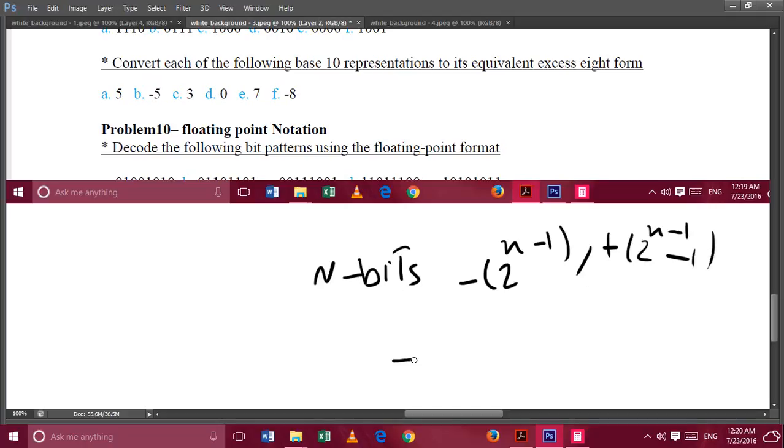So if we're talking about 4 bits, that would be minus 2 to the power of 3, which is minus 8, to plus 2 to the power n minus 1, which is 8 minus 1, so that would be 7. So a 2's complement 4 bits binary system is able to represent numbers ranging from minus 8 to positive 7, right?